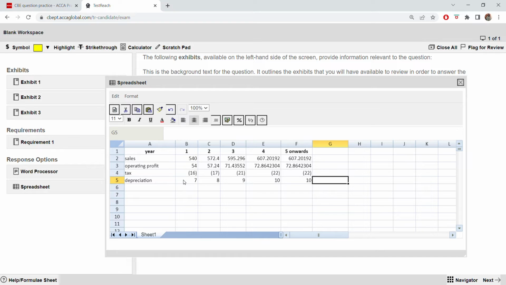Okay, then the answer that you are going to get is operating cash flow. Maybe we can just underline this. Now what are we getting? Operating cash flow.